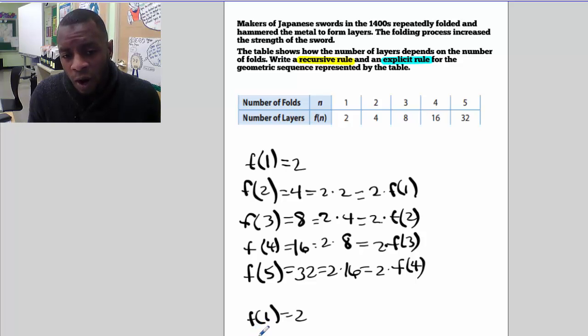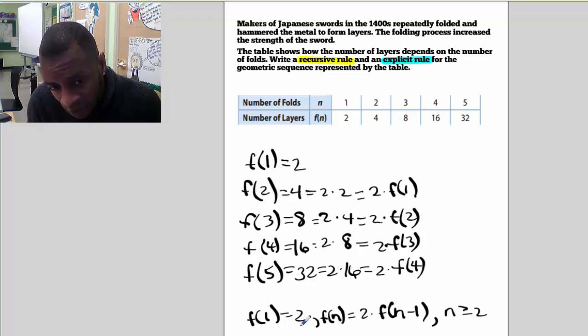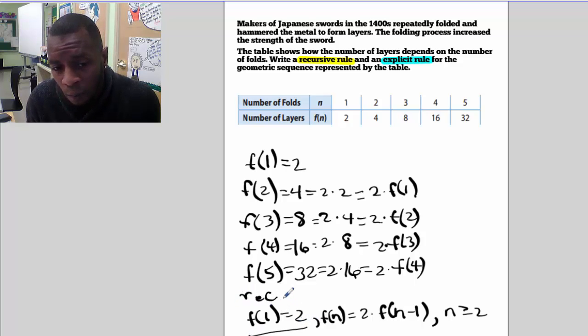So our pattern is that f of n is going to be 2 times the previous term, or f of n minus 1, where in this case n is greater than or equal to 2, because we've already stated our first term. Okay, so this is the recursive rule.